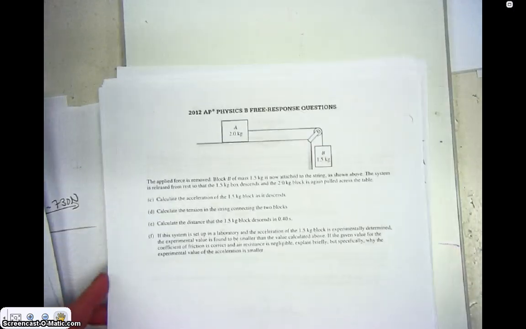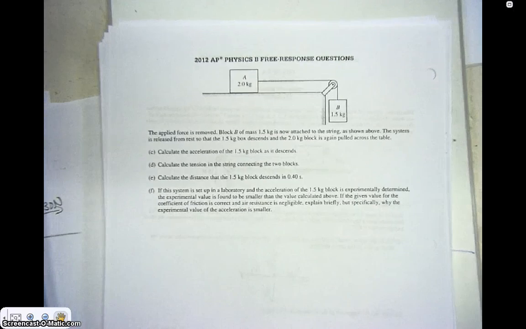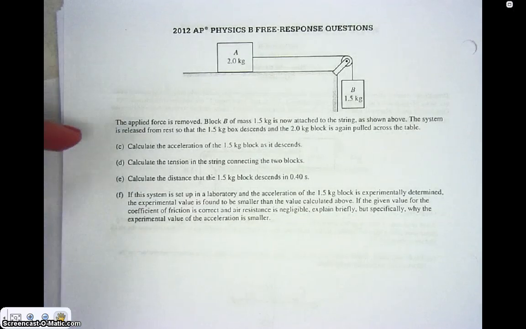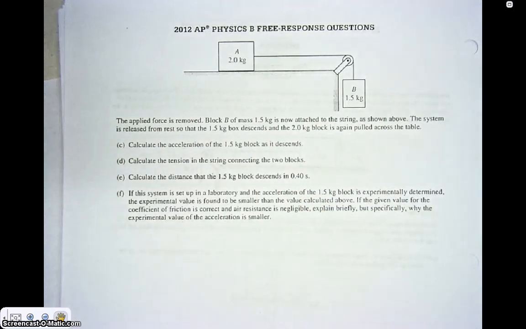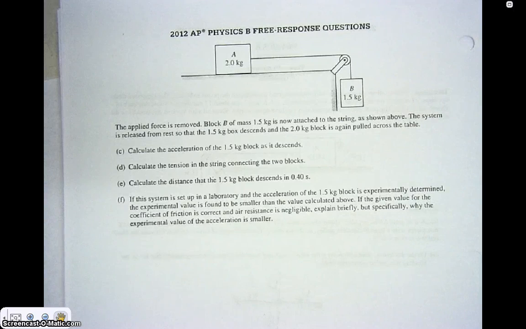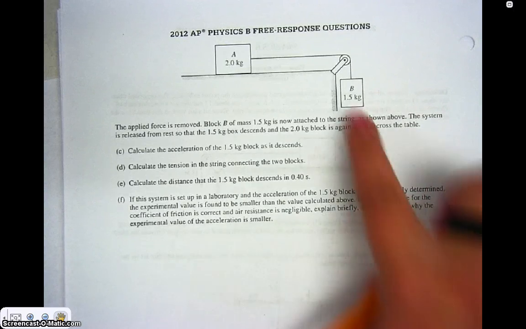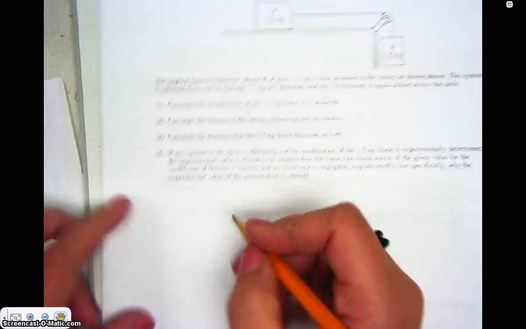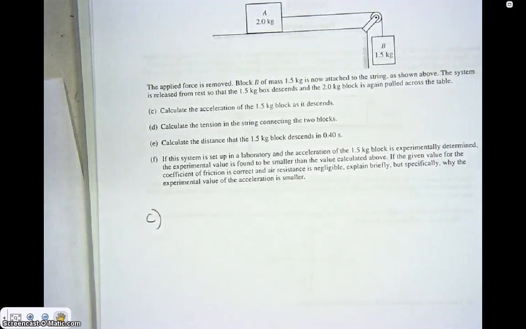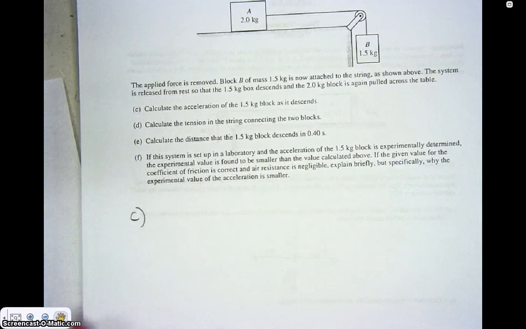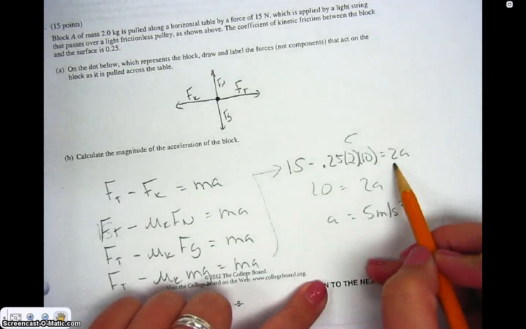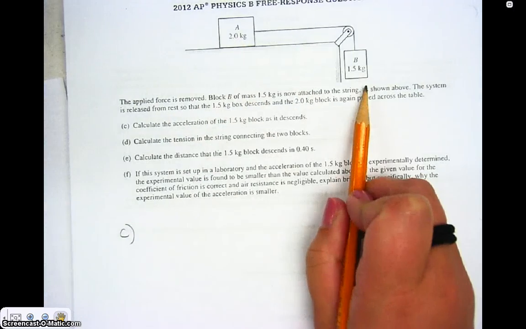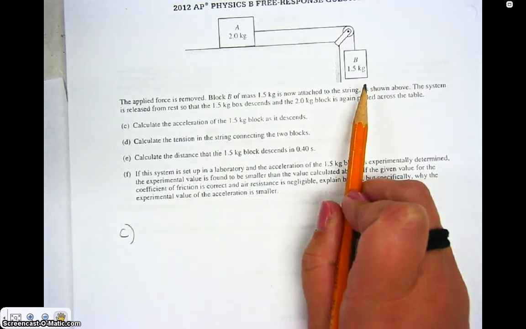Now in this scenario, you have the same block, but now instead of pulling with just some arbitrary force of 15 newtons, the force is actually caused by a weight here. So if I'm going to do part C, C asks me to calculate the acceleration. Now it's going to be a little bit different from the problem on the front, because in this case, instead of just having a mass of 2 kilograms, we're going to have a mass of the entire system that is 4 kilograms.